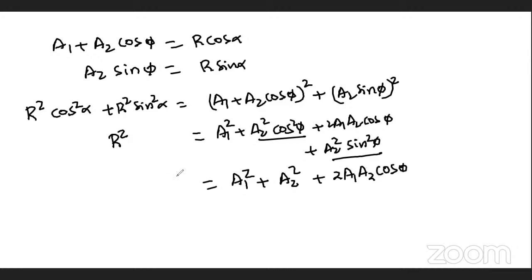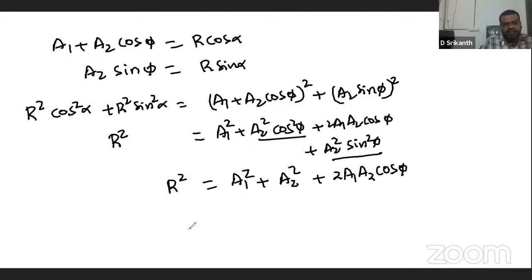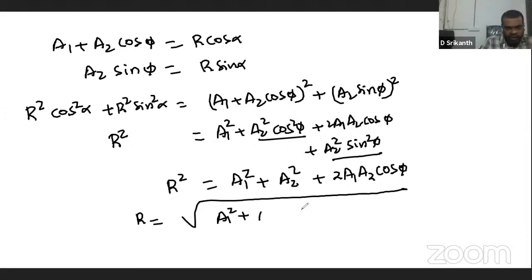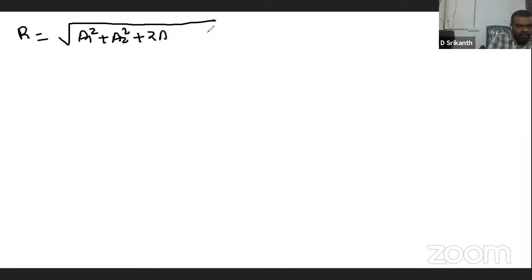So r is equal to under root of a1 square plus a2 square plus 2a1 a2 cos phi. That is the magnitude of resultant amplitude.